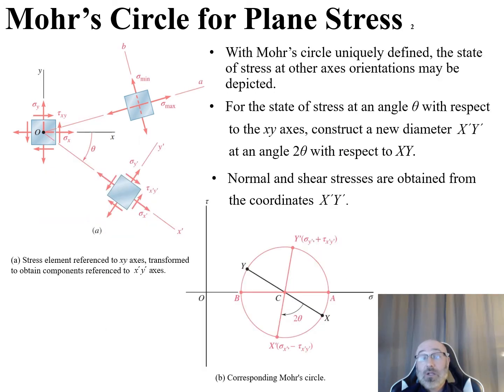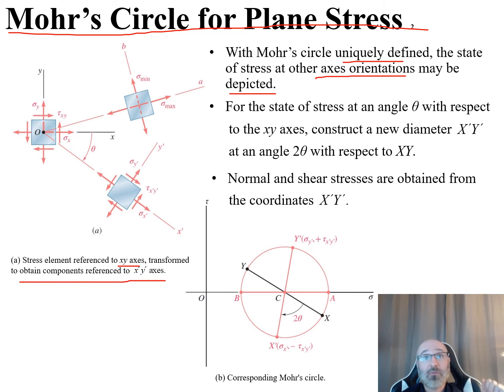So now I want to move on to the discussion of Mohr's circle for plane stress. With Mohr's circle uniquely defined, the state of stress for the other axial orientations may be depicted. So we come back to our diagram on the left in part A. We have stress elements referenced to our XY axis and then transformed to obtain components in our X prime, Y prime axis.